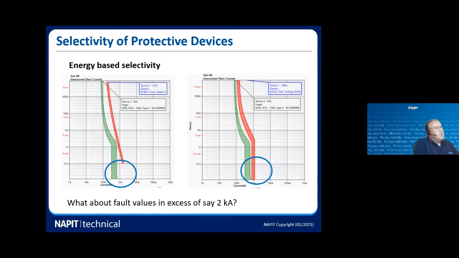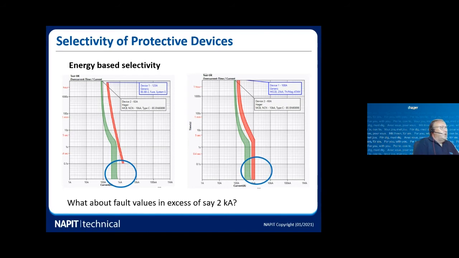So what Ian's been talking about up until now is relatively low levels of fault current, where we can look at the actual time current characteristics of the two devices in series to make sure that the downstream one will operate before the upstream device, and therefore achieve your selectivity.